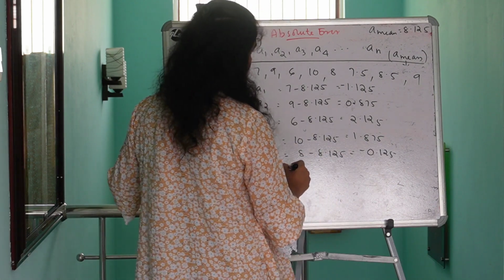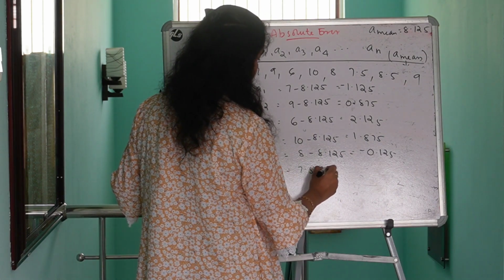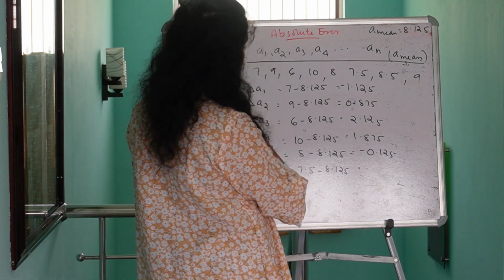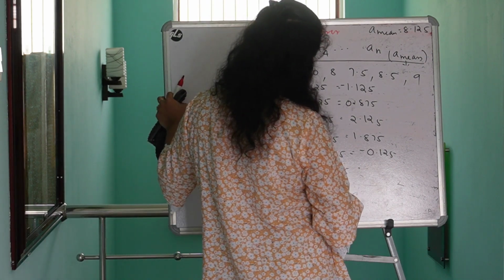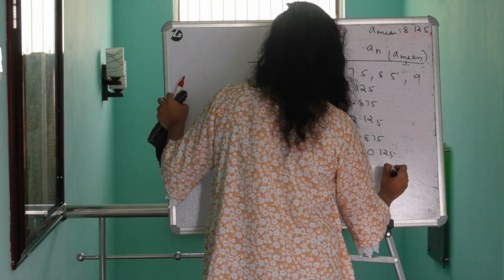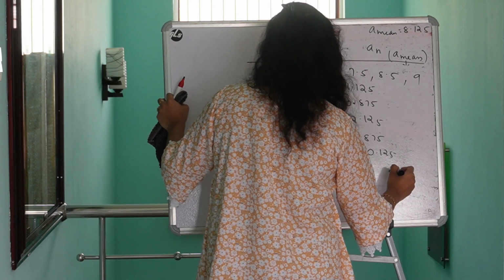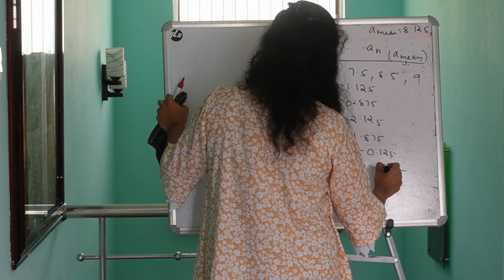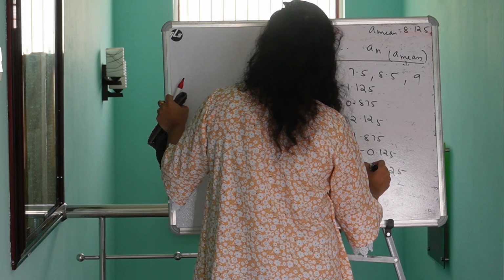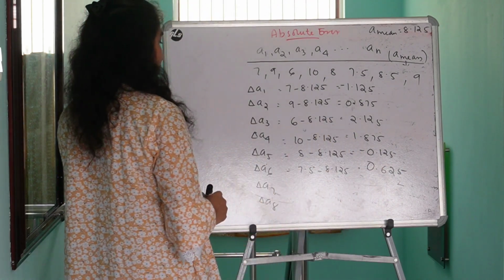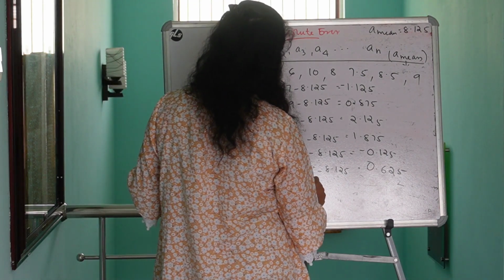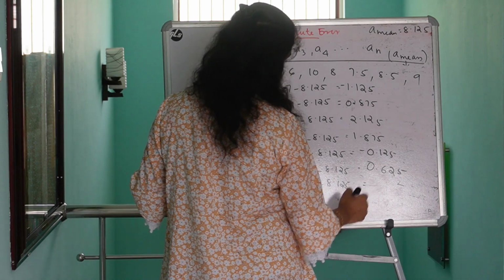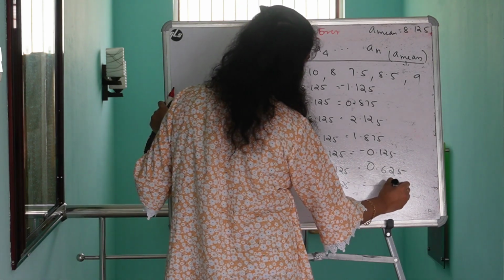The next one is 7.5. 7.5 minus 8.125 is equal to minus 0.625. The next one is 8.5 minus 8.125, that is equal to 0.375.